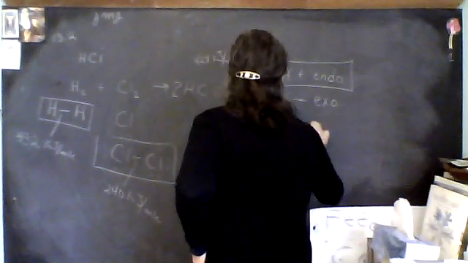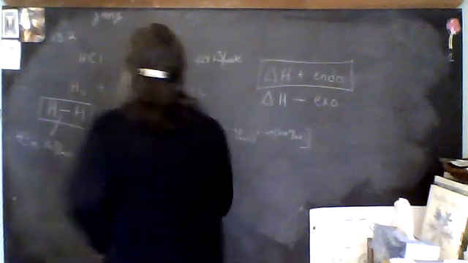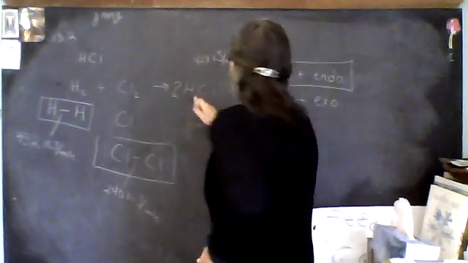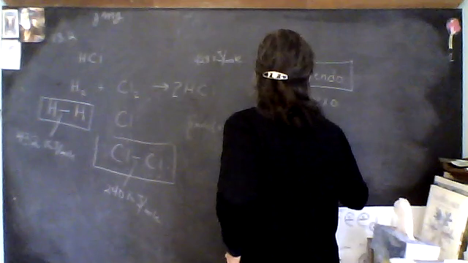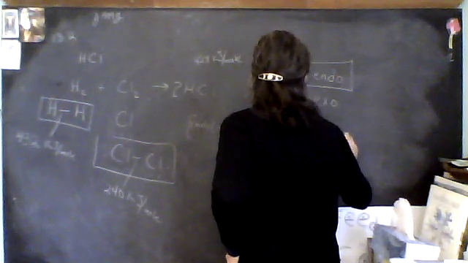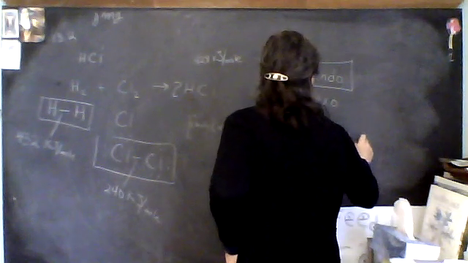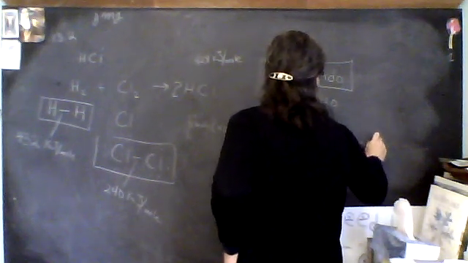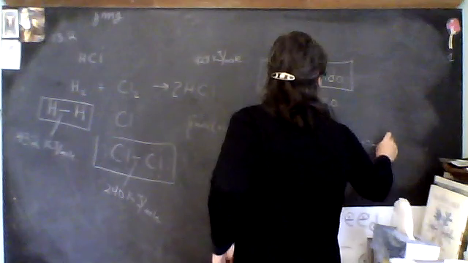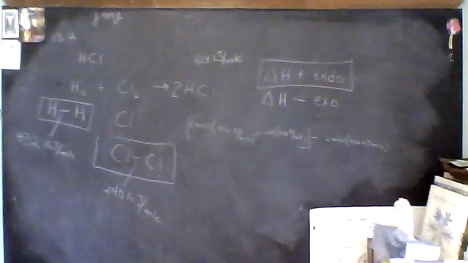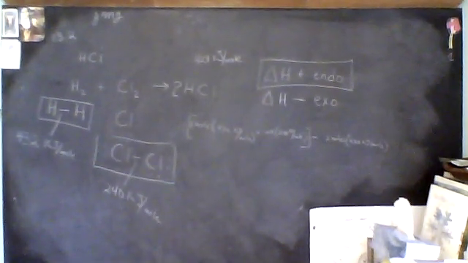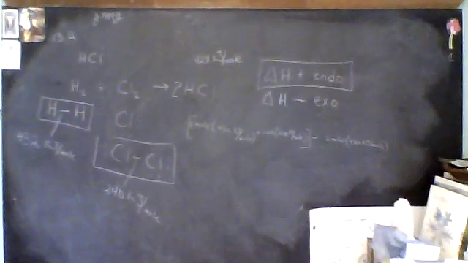Okay, and then we're going to add those together, right? And then we're going to subtract 2 moles of HCl at 428 kilojoules per mole, or 856 kilojoules. Go ahead and write them down.